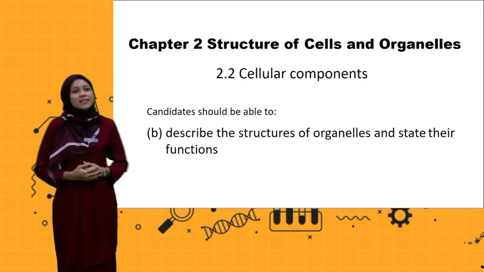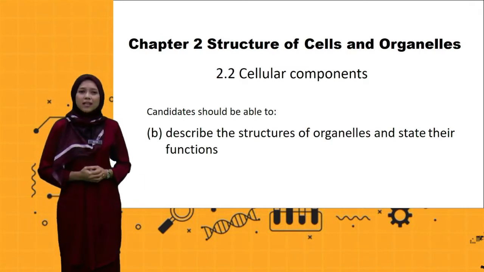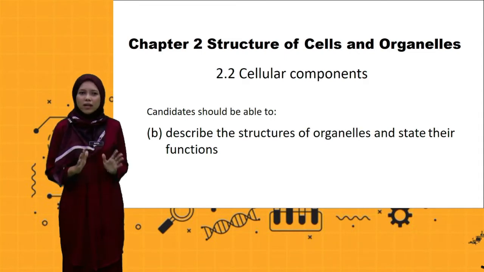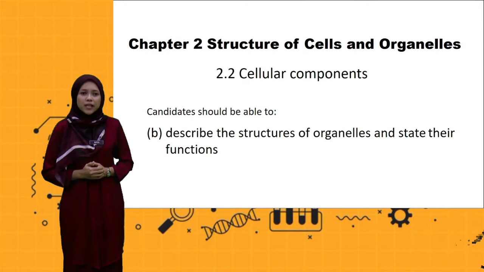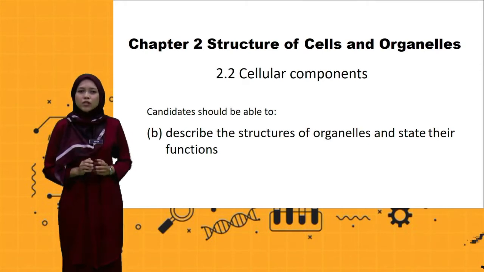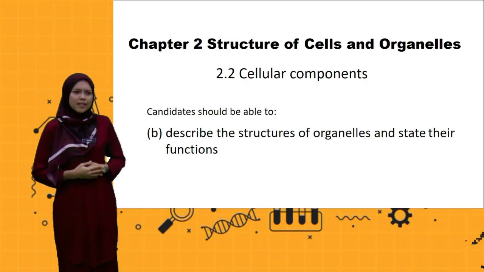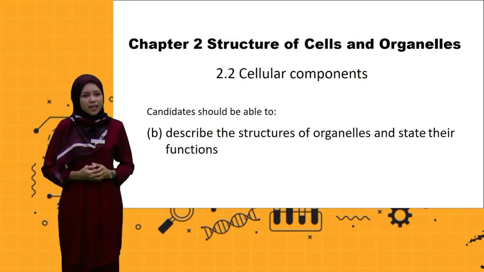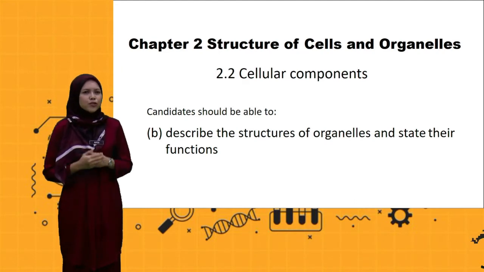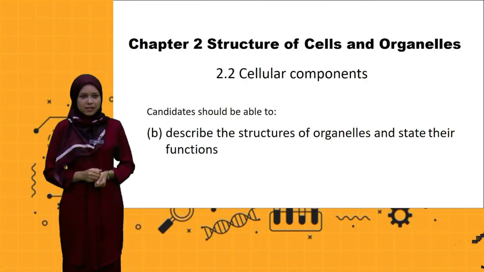Okay, second agenda is to revise Chapter 2, which is Structure of Cells and Organelles. Today class, I will focus on Unit 2.2, which is Cellular Components. And look at the learning outcomes. Hopefully today, students are able to describe the structure of organelles and state their function.